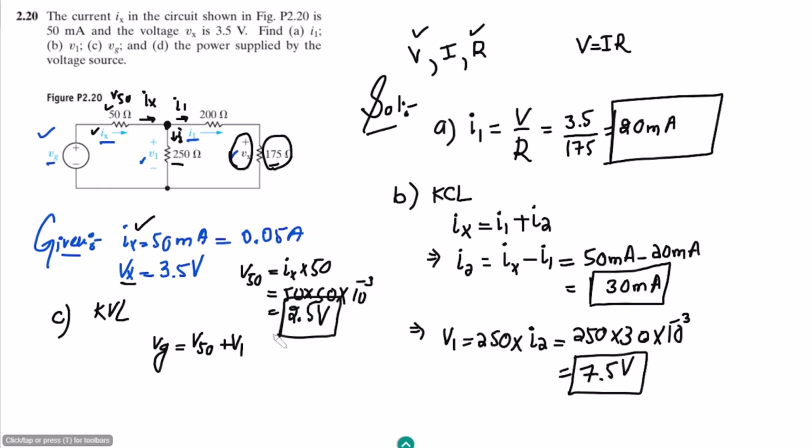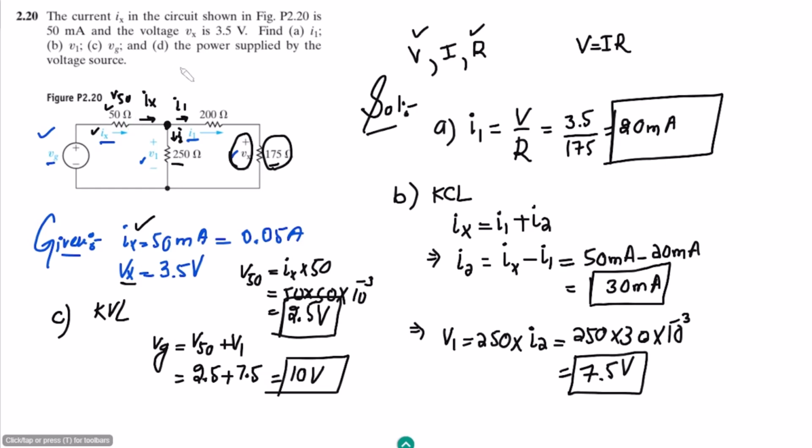So V50 is 2.5 volts and V1 is 7.5 volts. Adding them together, I get 10 volts. That is the solution of part C.